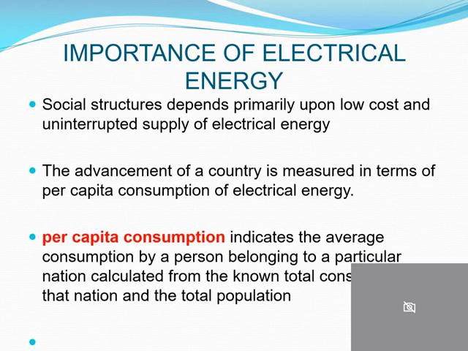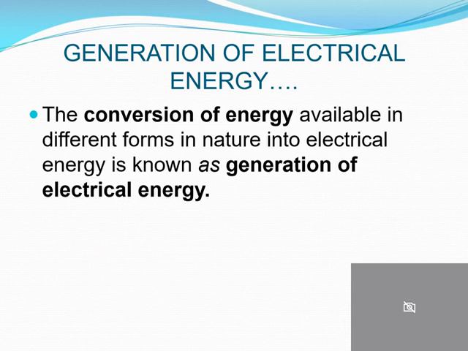That indicates the average consumption by a person belonging to a particular nation, calculated from the known total consumption of that nation and the total population. So it's what I, James, am consuming compared to the total consumption of the nation and its total population.